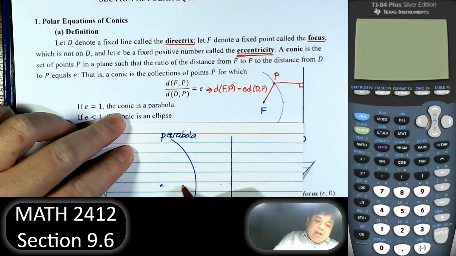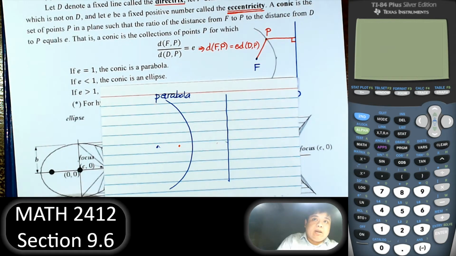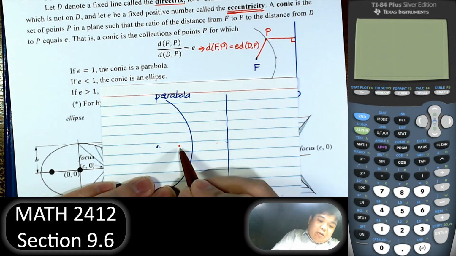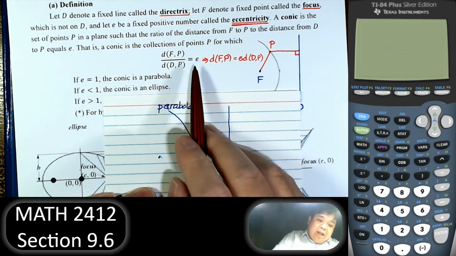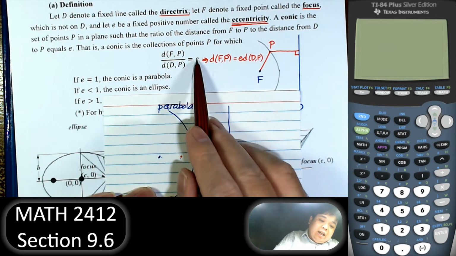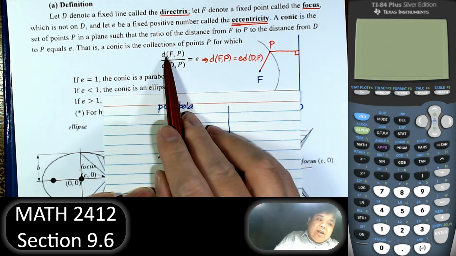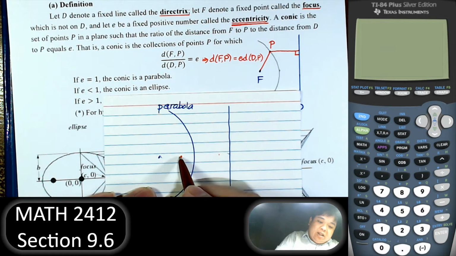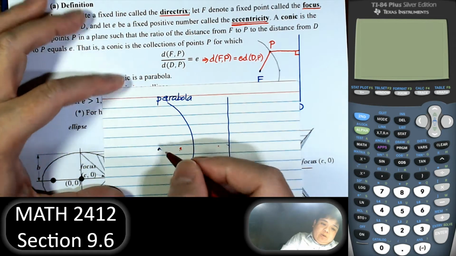Let's say if this is the point, then the distance from this point to the focus is smaller, so it's not what we're talking about. If e is less than 1, then the distance to the focus is smaller than the distance to the directrix, so in this case we will have an ellipse.